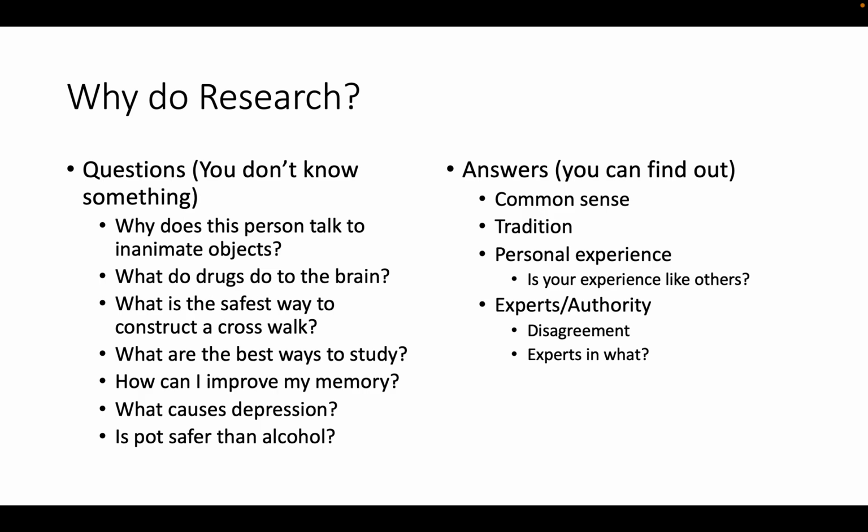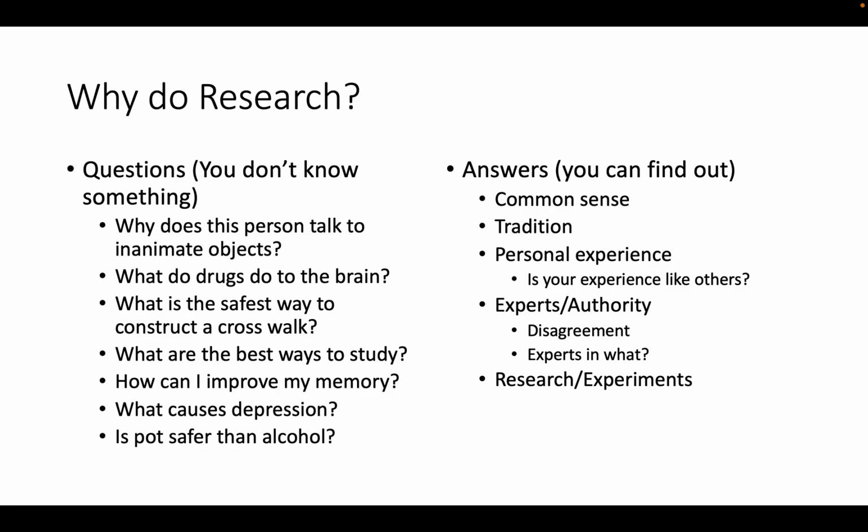And whether you use either one of these drugs, you have to take these risks and benefits into consideration. So there is disagreement with experts and authority figures. And then the other question we have to ask is, what are these people experts in? We can contrive expertise so easily. That's often a difficulty.